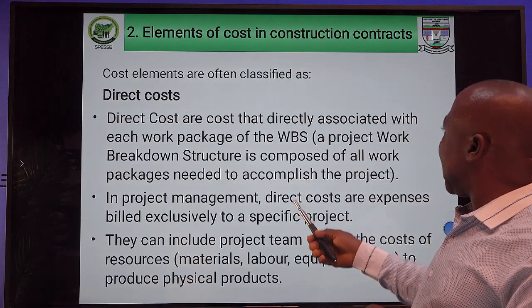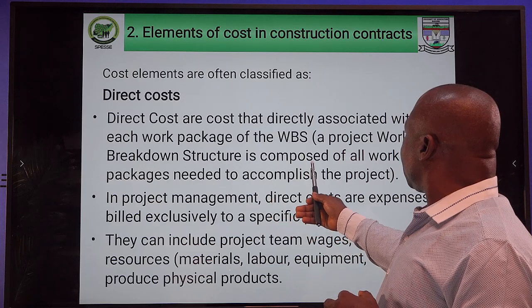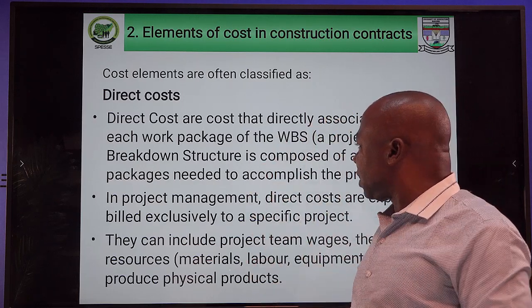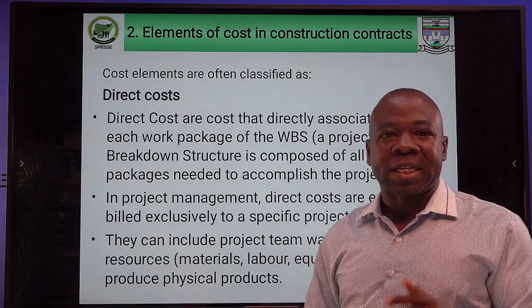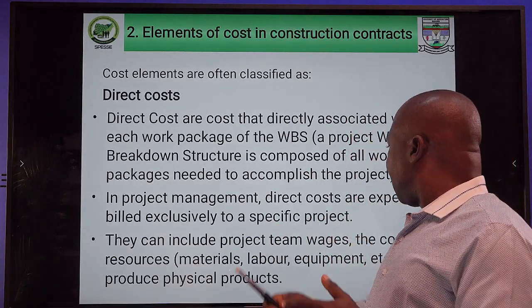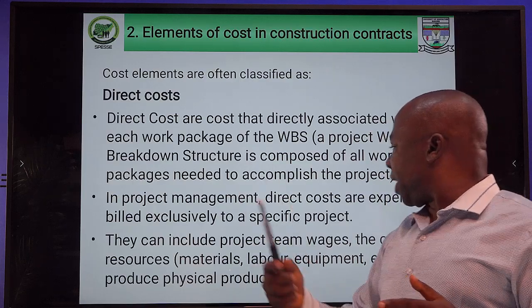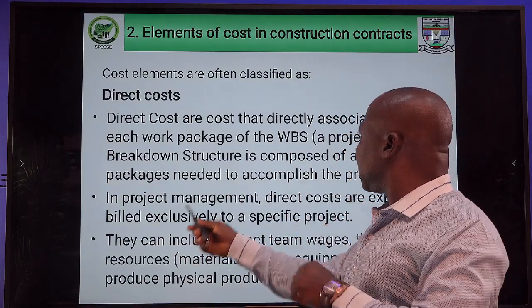Those known as direct costs that can be traced to a particular cost element, most times include wages that are paid for laborers. You look at materials, you look at equipment that are used for the production of those services or products as the case may be.